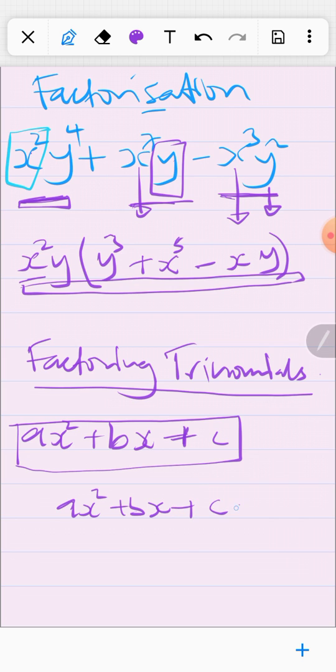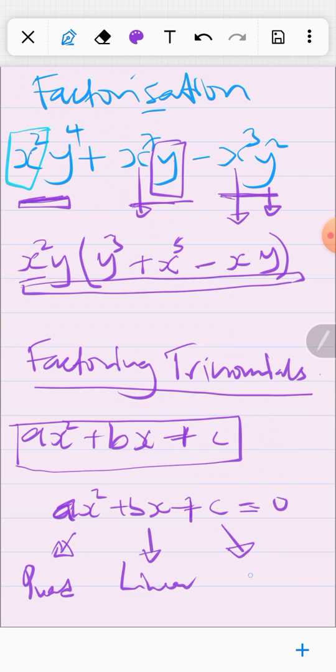So if it is equal to something, say equal to 0, and you want to solve it, then it's a quadratic equation. This is called the quadratic term, this is called the linear term, and this is the constant term. Quadratic, linear, constant. So yeah, that's a quadratic equation or a trinomial.